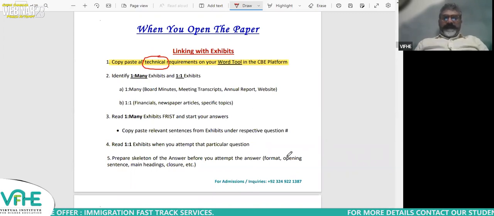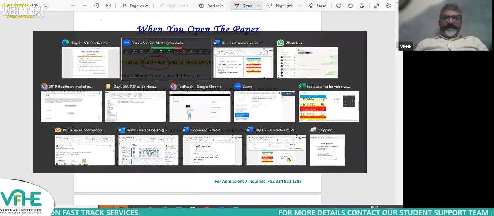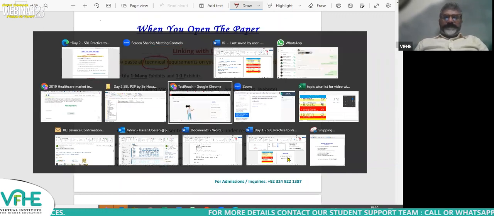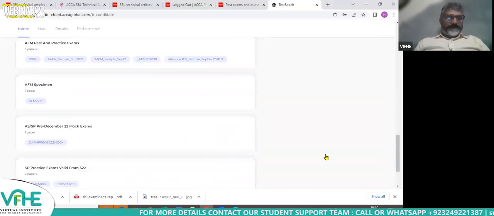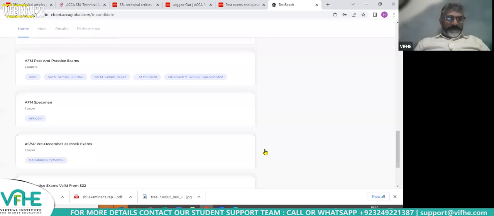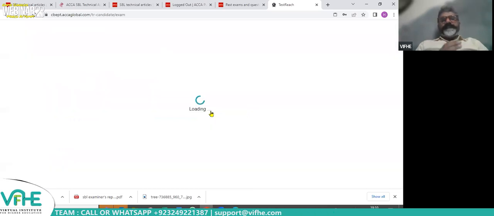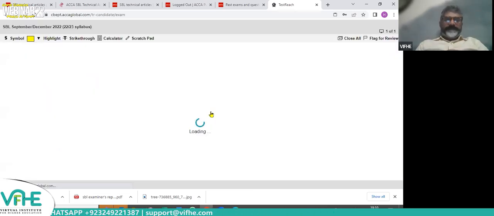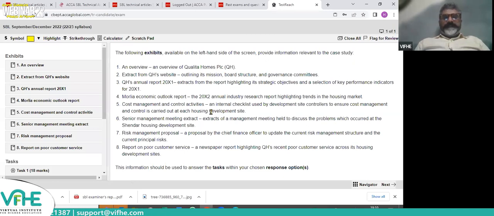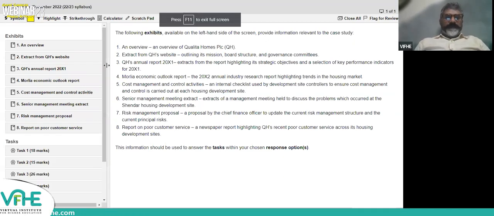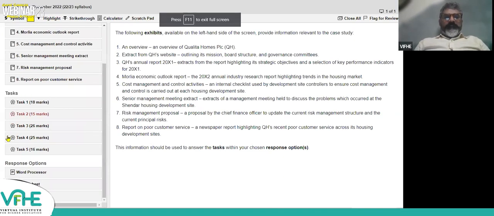So let me open my CBE platform. For example, this is your question. If you look here, the tasks are all given separately as separate exhibits.